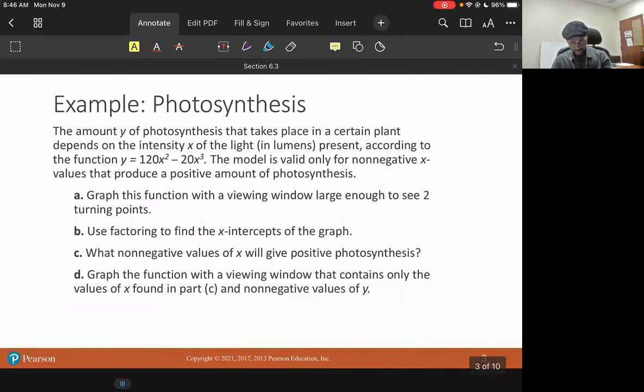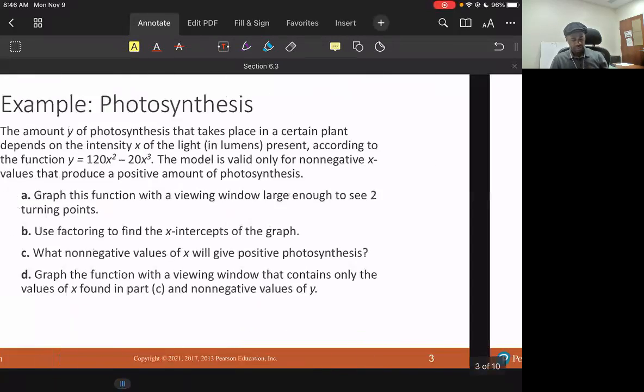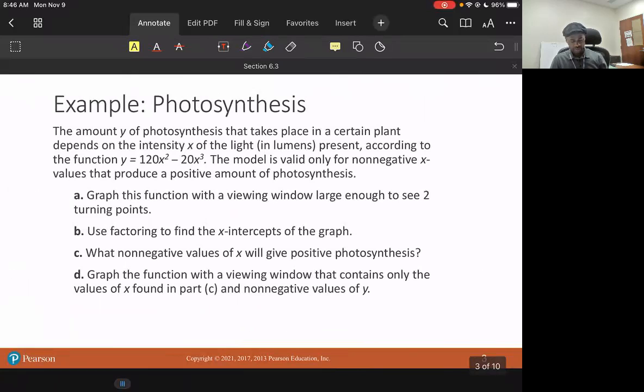So here's a quick application. They want us to graph this function with a viewing window that's large enough to view two turning points. I'm going to try to handle B first, and then maybe C, D, and we'll go back to the graph. So let's factor this first.